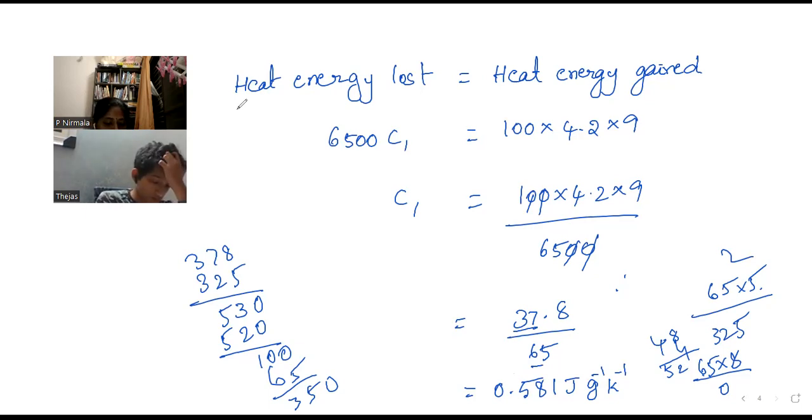Now copper is immersed in the water to cool that. The contents are stirred till a final constant temperature is reached. Calculate the final temperature. The specific heat capacity of copper is 0.39 joule per gram per Kelvin, and that of water is 4.2 joule per gram per Kelvin. State the assumptions used.